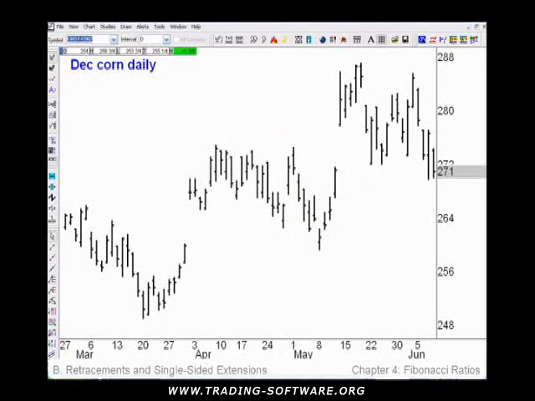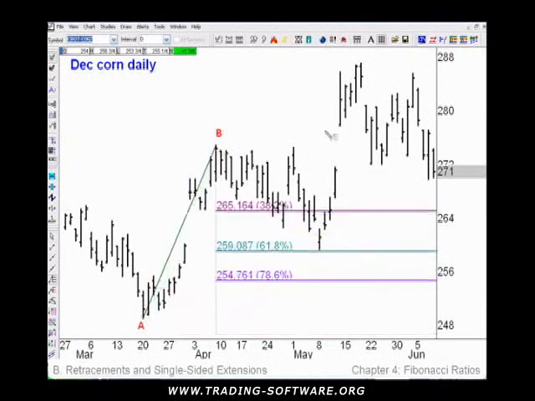Let's take a look at the December corn chart. Here we see this high is slightly higher than this high. So we'll go from A to B right there. Let's draw in the Fibonacci levels, and we can see that price here went just below the 38%, but right here we hit just about the 61%.